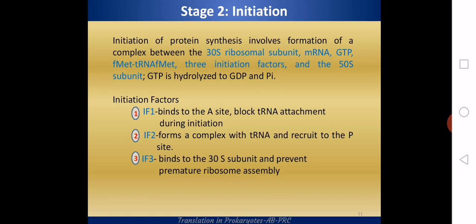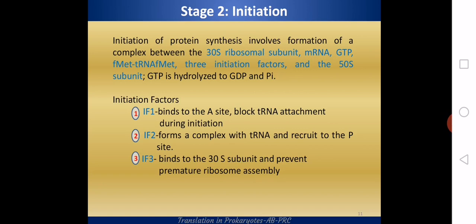There is IF1 which binds to the A site and blocks the tRNA attachment during initiation. Not only the tRNA attachment to the A site, but also the other factors to the A site. That means the A site has to be protected during initiation without binding by factors or the tRNA molecule.